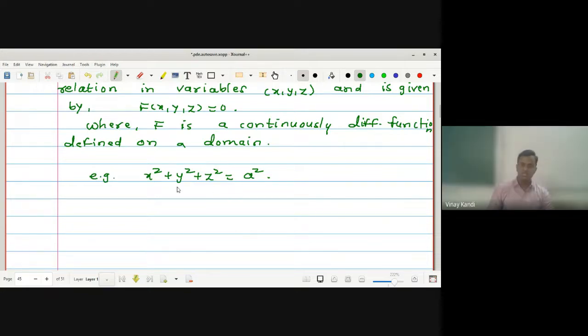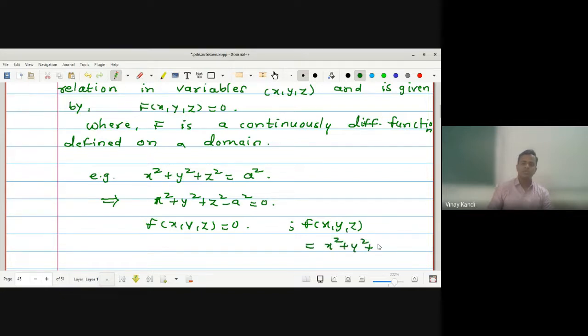So suppose this is the equation of a sphere in 3D space. Then, f of x, y, z is equal to x square plus y square plus z square minus a square, which equals 0.